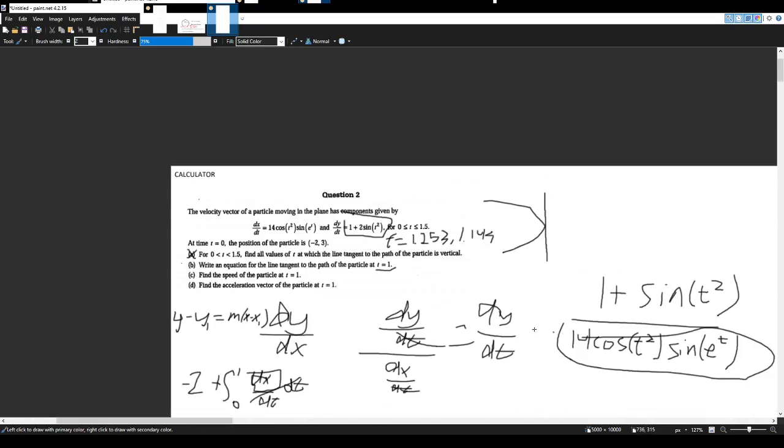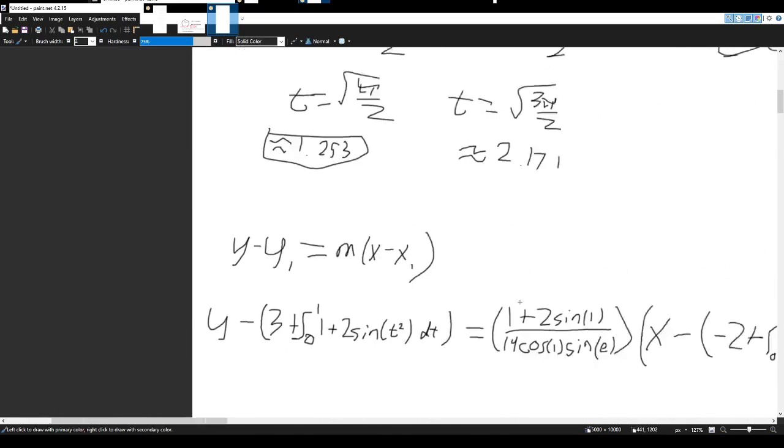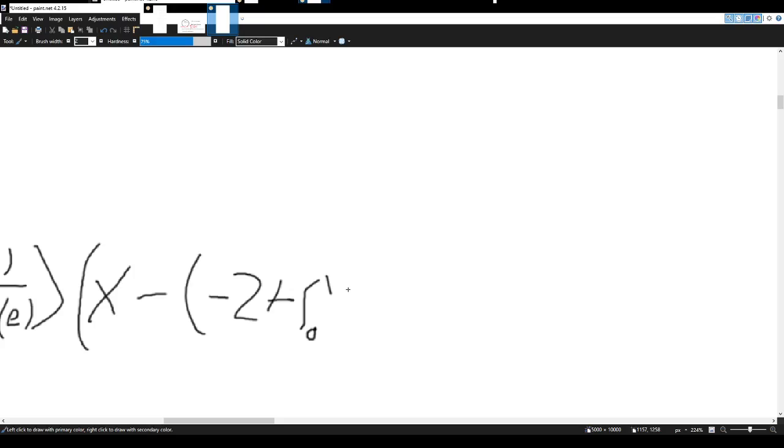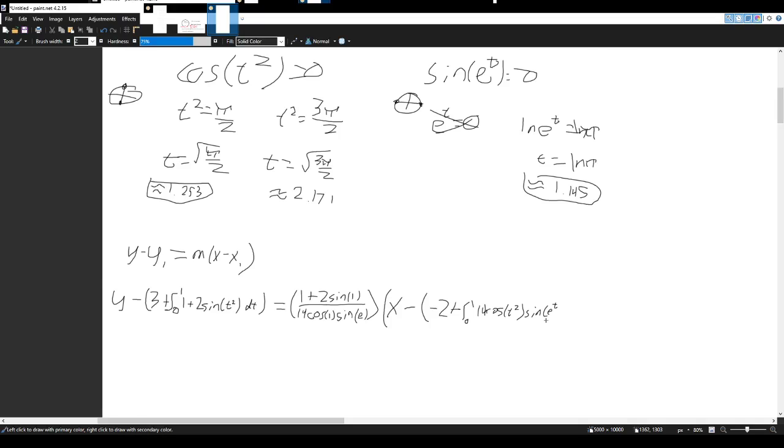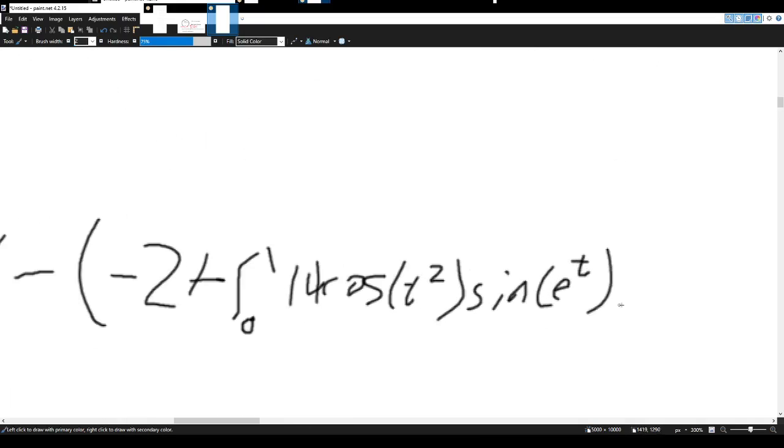Oh, right, that's the 14 cos t squared sin e to the t dt.